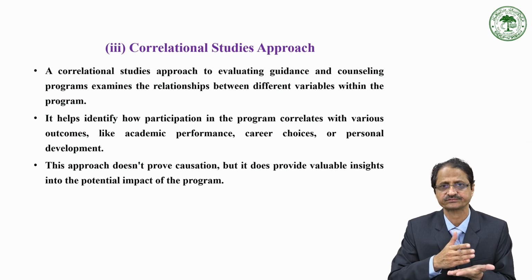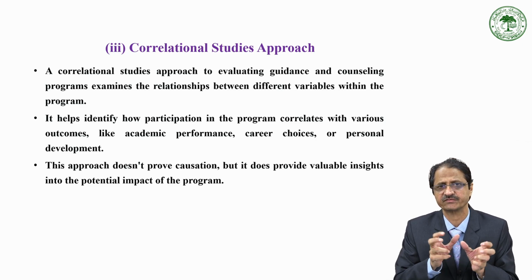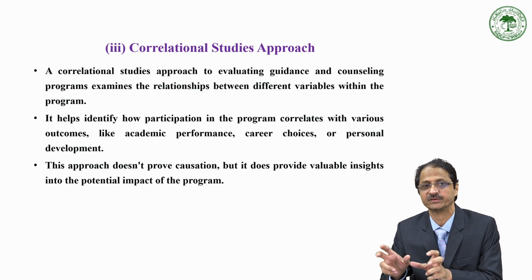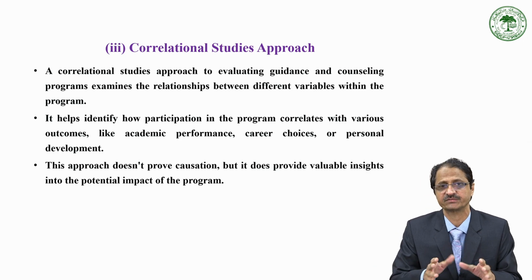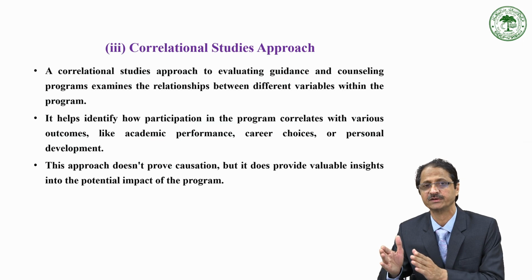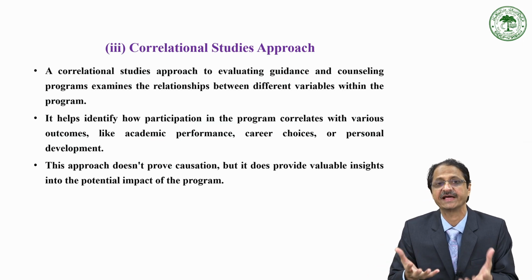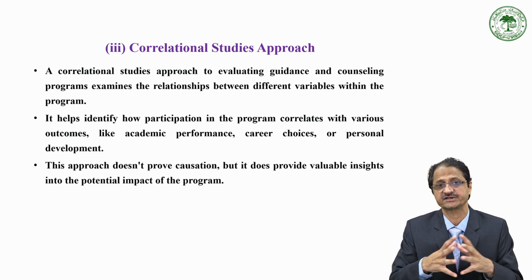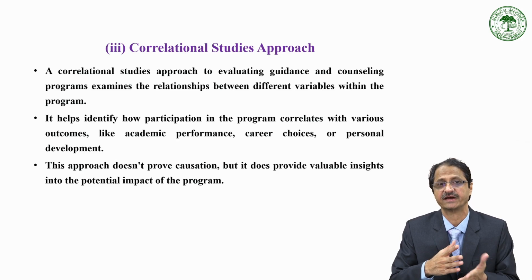What is the relationship between the personality of the teacher, the personality of the counselor, and the outcome of the program? What is the relationship of the infrastructure facilities and the outcome of the programs? What are the variables which are related to each other? For the sake of understanding, in general researches we basically try to understand the relationship between various variables and academic achievement.